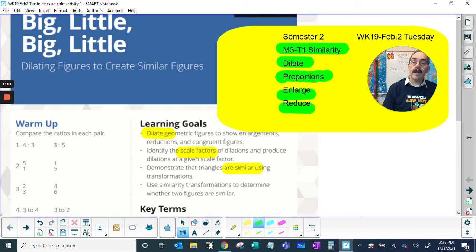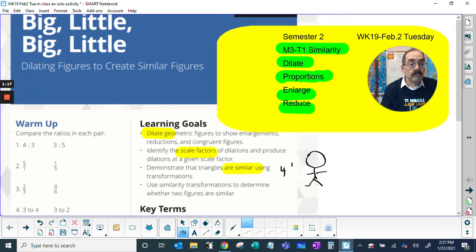All right, so in our warm-up, we're going to talk about what it means to make bigger and make it smaller. So we're just going to draw a couple of triangles here, or humans. Let's do a human, okay? So I got this human, right? And let's say he's 4 feet tall. We want to make him 6 feet tall. Everything is going to be a little bit bigger.